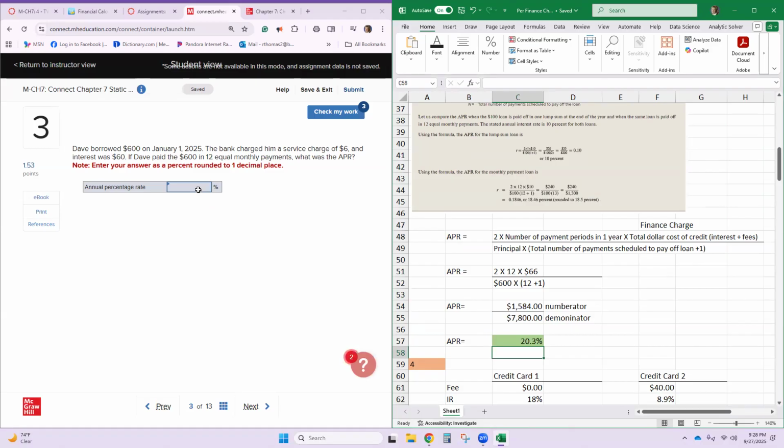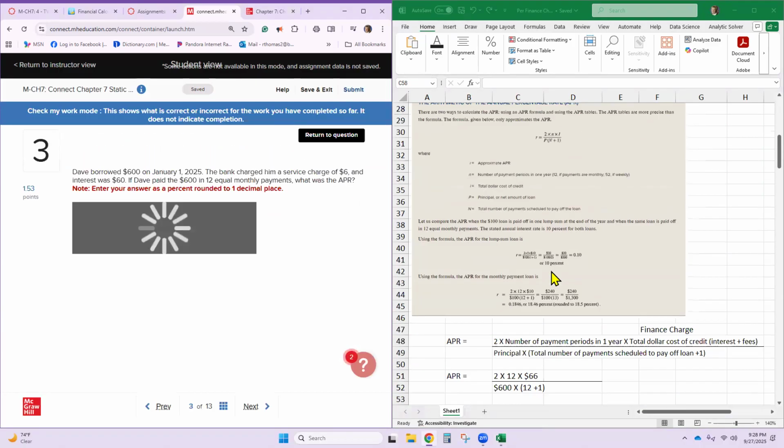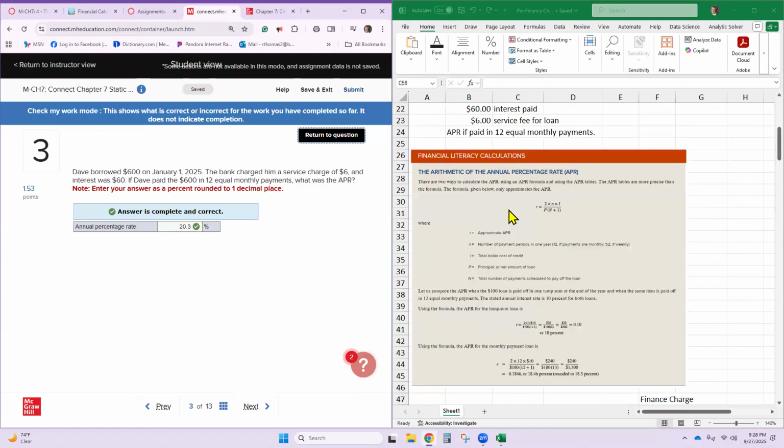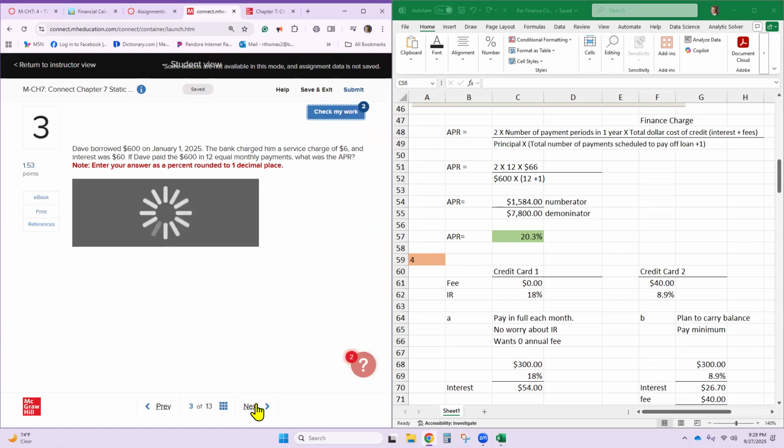Be sure to put in the decimal, or it won't accept it. So that's quite a bit more than the 11% up here, right? But they didn't tell us what those equal installments were going to be. Anyway, let's go on to the next one.